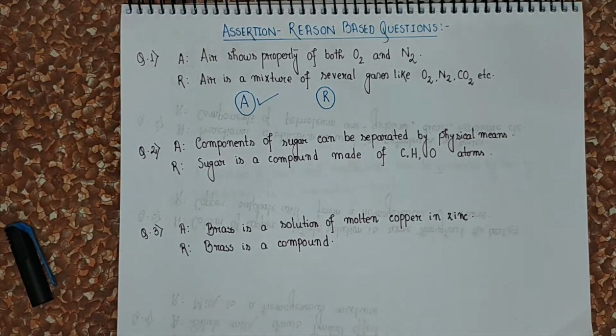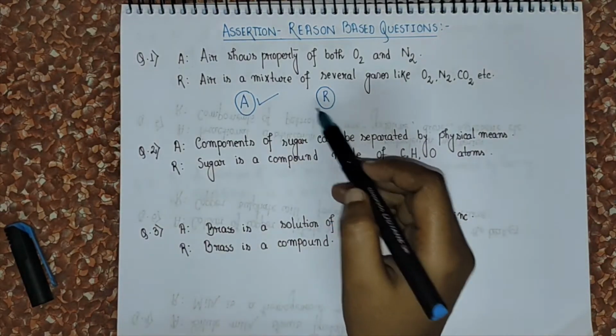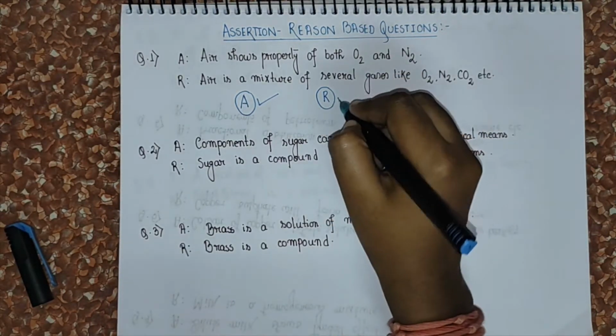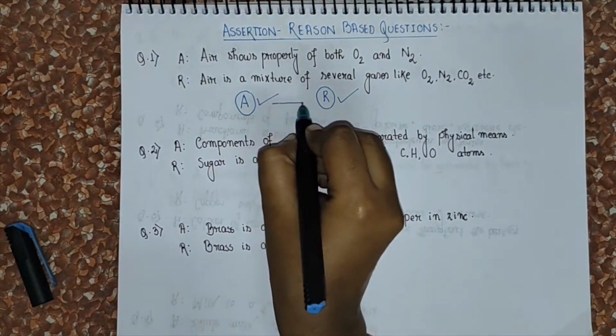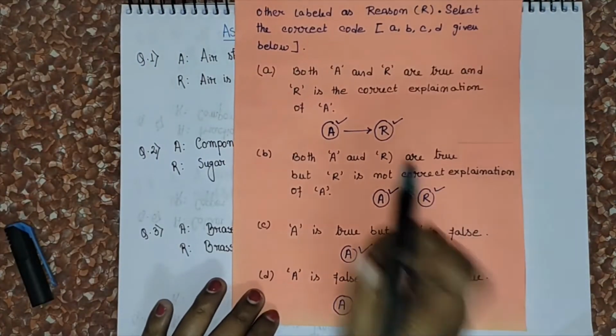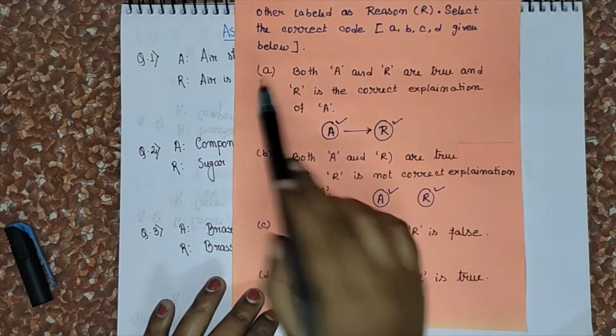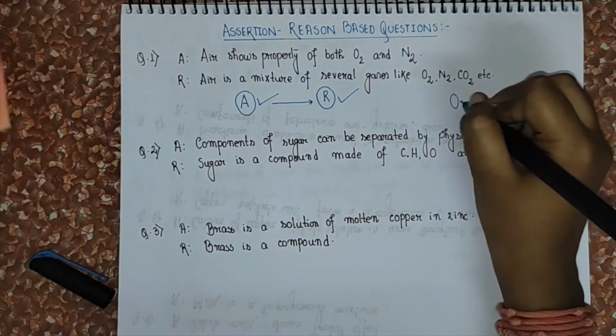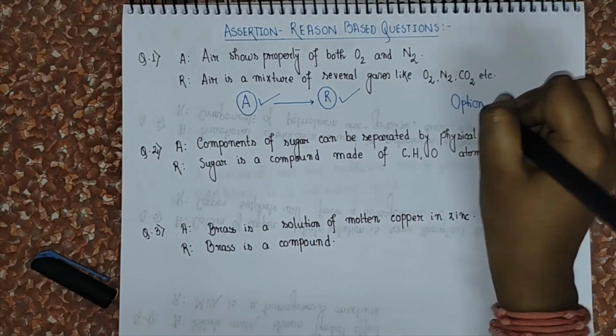The properties of the participating elements remain intact in a mixture, but in case of a compound, the properties of the elements change completely. So this is the reason, and the reason is the correct explanation of the assertion. Which option will we choose? Obviously option A.